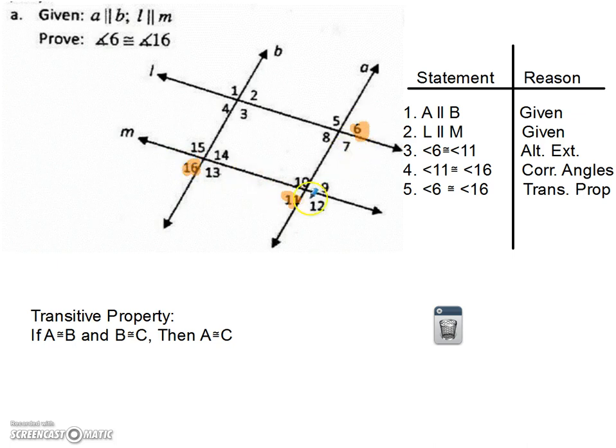So angle 6 was congruent to angle 11 through alternate exterior angles, and angle 11 was congruent to angle 16 through corresponding angles. Okay, so if 6 is congruent to 11, and 11 is congruent to 16, I can finally say that 6 is congruent to 16. And you have just written a two-column proof to prove that 6 is congruent to 16.